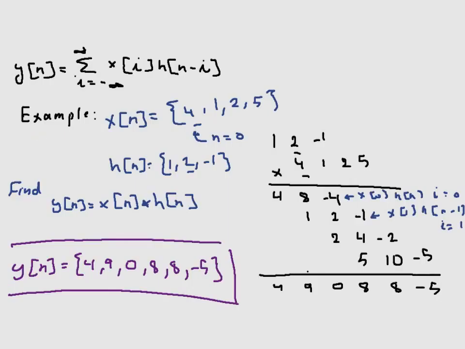Here I have the sequence x[n] composed of 4 values. The underline notes the location of n equals 0 in the sequence. The impulse response for the system looks like this, and I have also indicated the point at which n equals 0. We want to find the convolution of x and h.